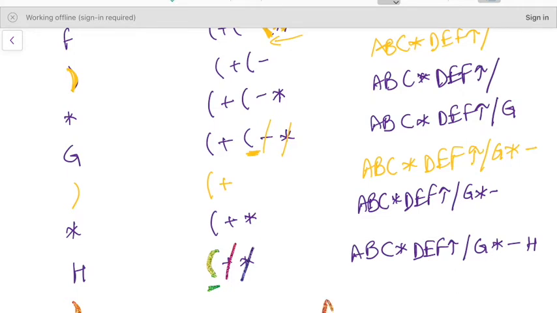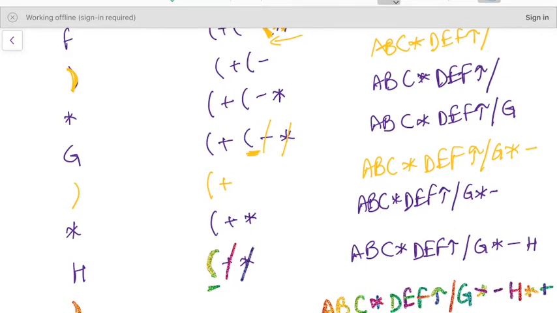The final expression becomes A, B, C, star, D, E, F, exponent, divide, G, star, minus, H, star, plus, and there is no brace here. So this is it.